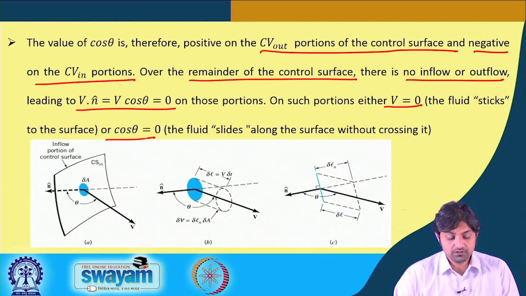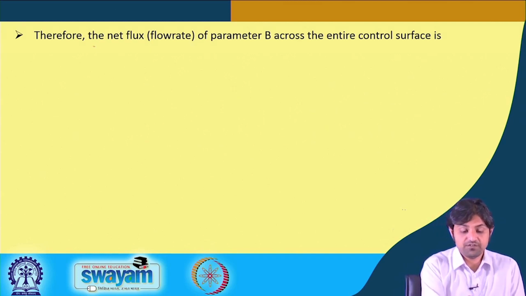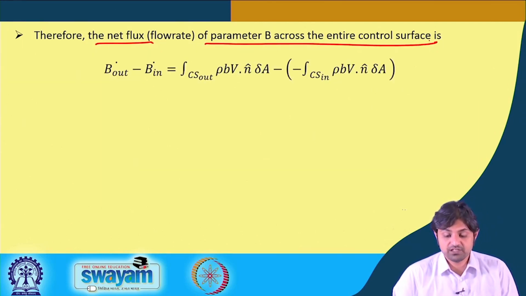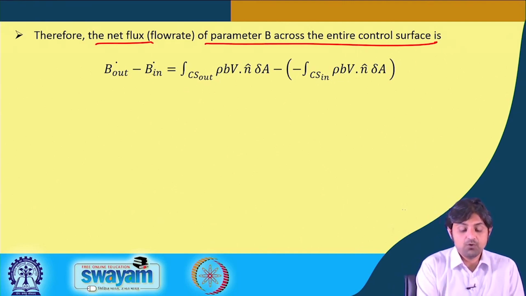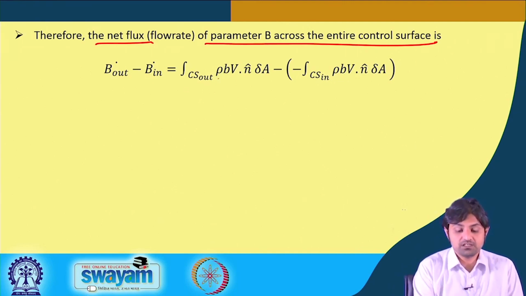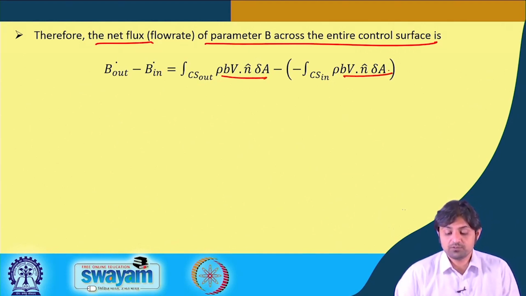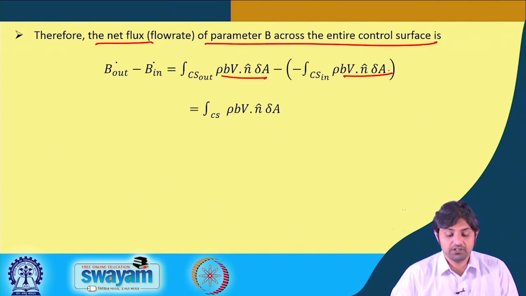Therefore, the net flux of the parameter B across the entire control surface can be written as B out minus B in is equal to the integral over CS of rho B V dot n delta A. Almost the same expression, just the cross sections are different.